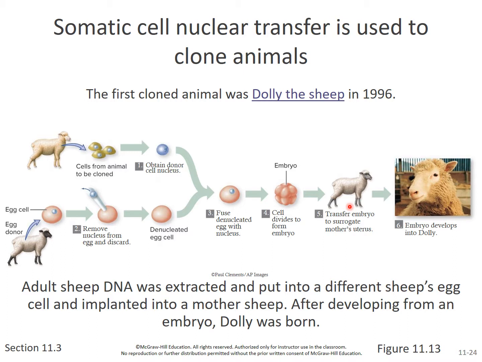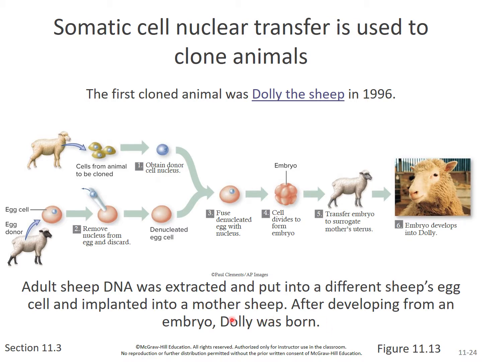Now, even though it might sound complex when I just said that, it is way more complex than that. Lots of different things needed to happen to cause Dolly to be healthy. And so adult sheep DNA was extracted and put into a different sheep's egg cell and implanted into another sheep's womb.